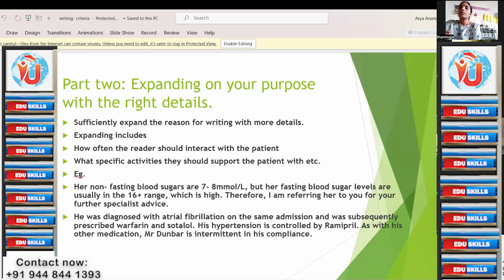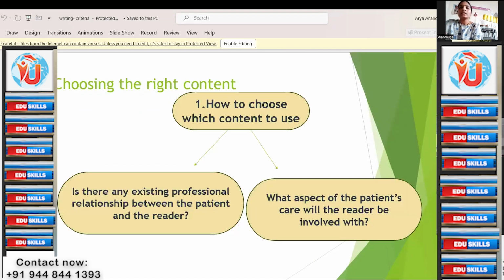Moving on to the second criterion, choosing the right content. How can you choose the right content to give a better letter to the reader? You have to ask yourself two questions. First, is there any existing relationship between the patient and the reader?